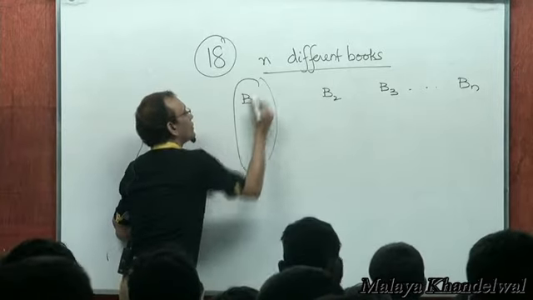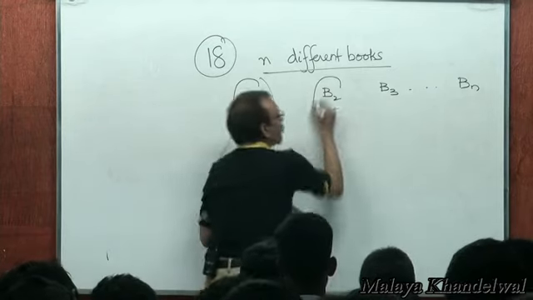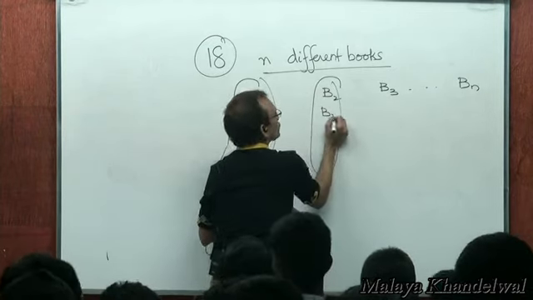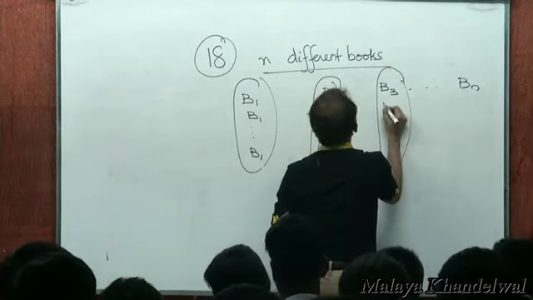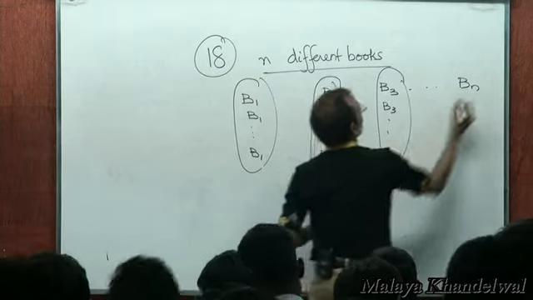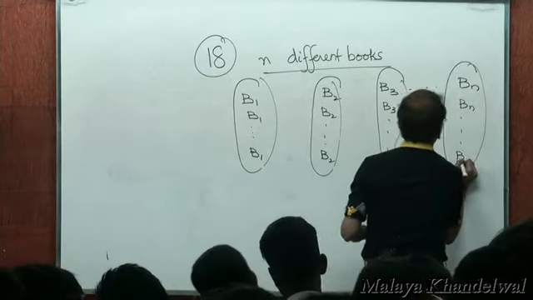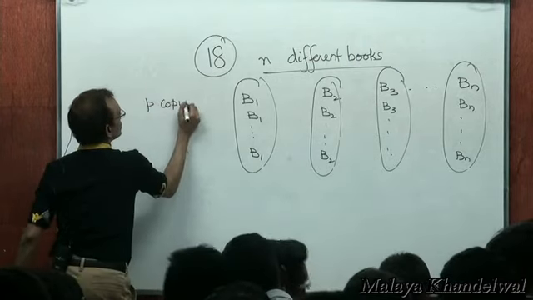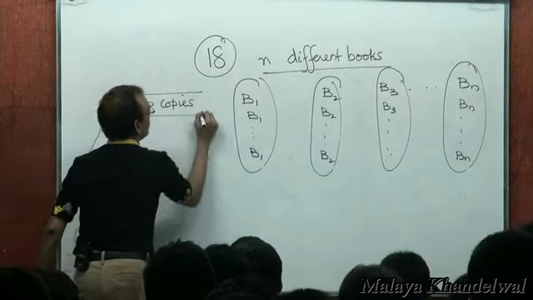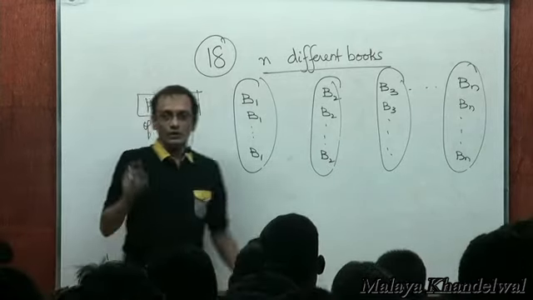That means P copies of B1, P copies of B2, P copies of B3, and P copies of Bn. N different books and P copies of each. Right?